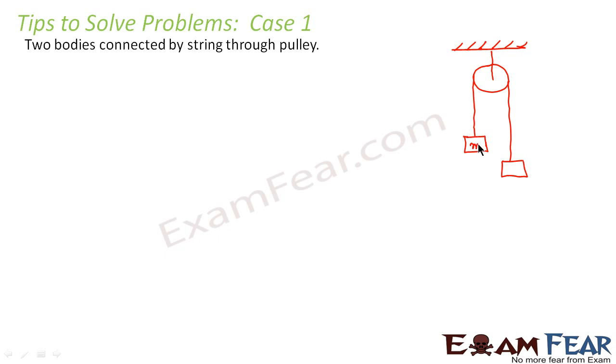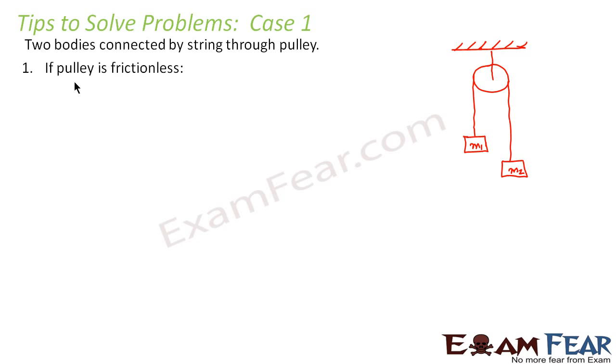Let us suppose this is M1 and this is M2. You will normally come across several types of numericals related to this pulley setup. So we will give you certain tips which will be generalized and true for all such pulley problems.